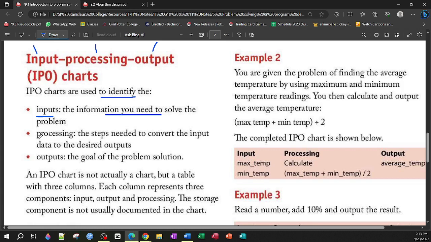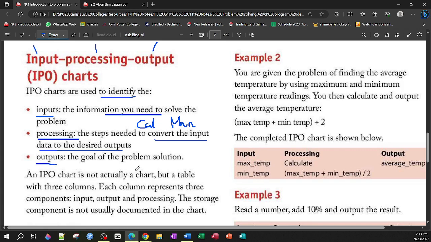The P, the processing, you have to identify what is the processing. How are you going to convert the inputted data into the desired output? How are you going to calculate that input or manipulate that input to change it so that you can get that particular output?